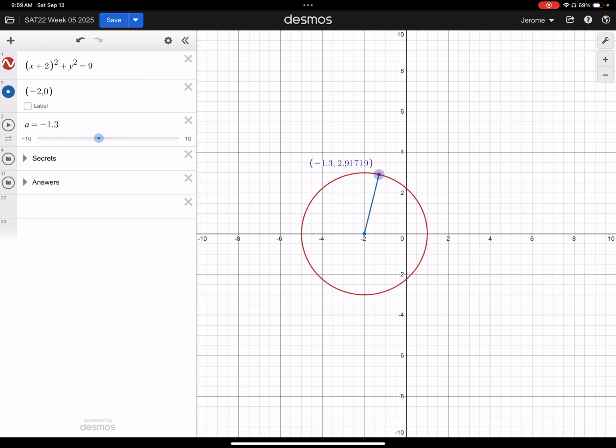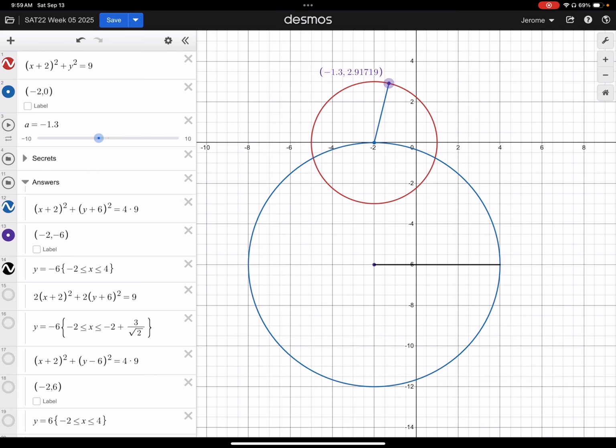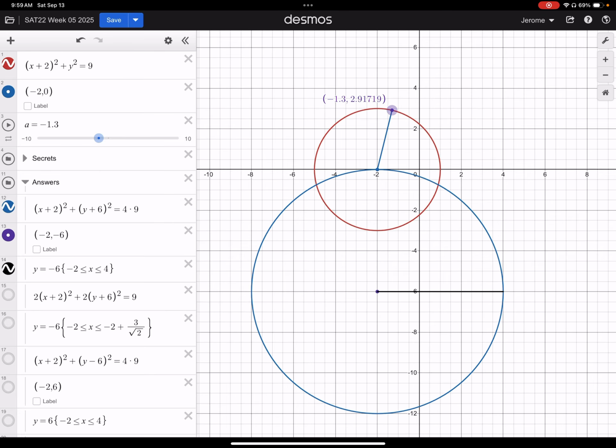And then in my little folder here, I just typed in all of my possible answer choices. So here's the first one, answer choice A. Here's its center point, and here is its radius. And then you just compare these. Looks sort of like a little snowman here, with its head kind of going into the body.